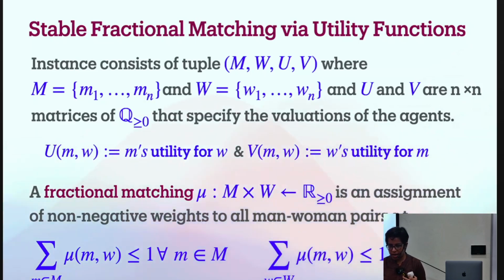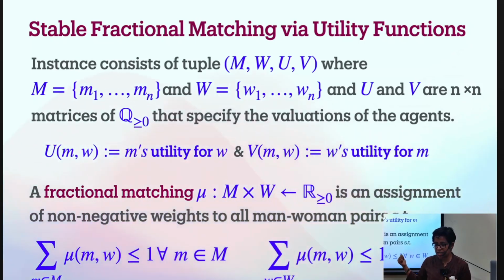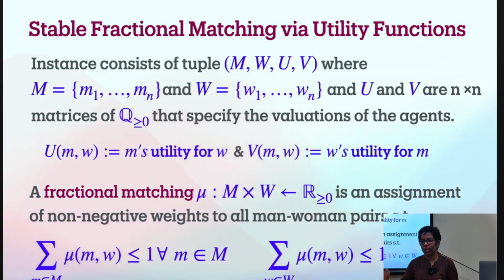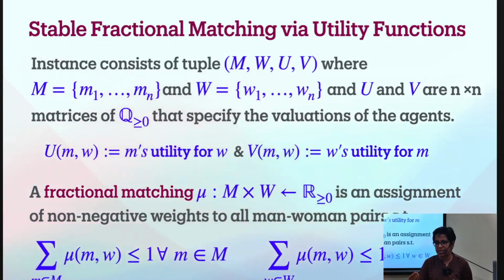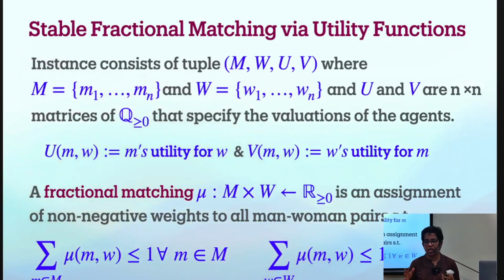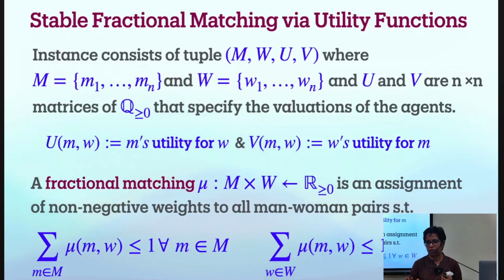And if you have a utility based preference profile, then you can also infer a preference ranking by sorting the people based on their utility values and so on. So in this setting at least, they are somewhat equivalent.